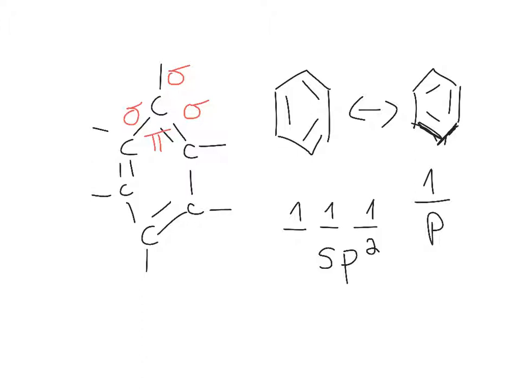Here we go. Here you go. Here's your sigmas, right? It's trigonal planar. And then you've got these p orbitals sticking out perpendicular to the plane. So benzene's planar, it's sp2, trigonal planar.